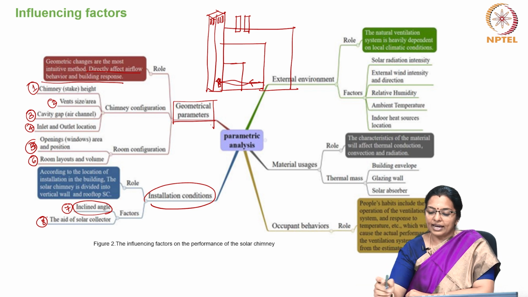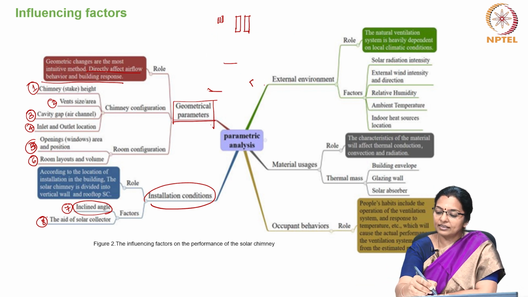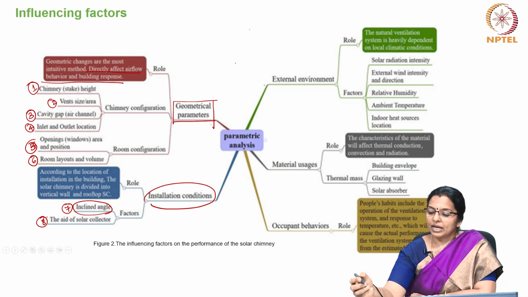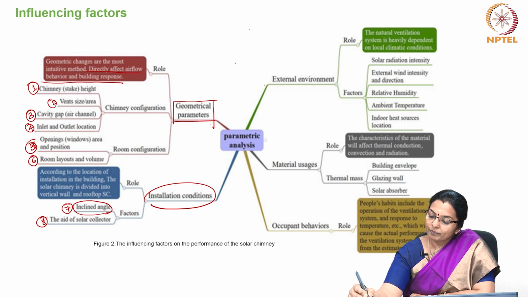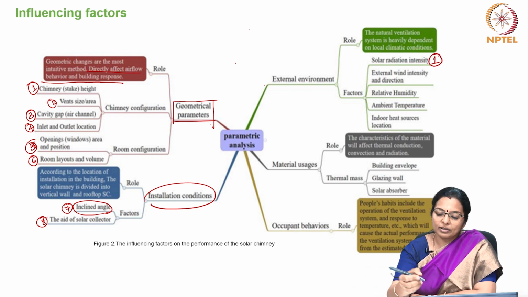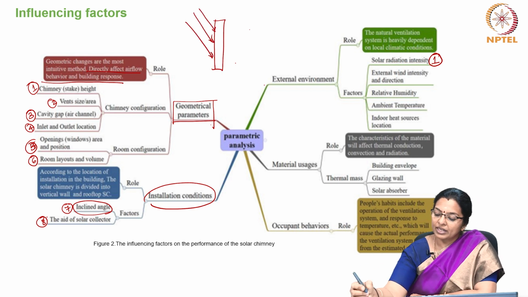There are other external environmental factors too. The external environmental factors are the role of natural ventilation system is heavily dependent on the local climatic conditions. So, solar radiation intensity, how strong is the intensity of solar radiation?